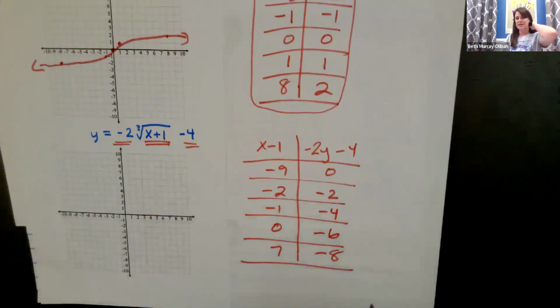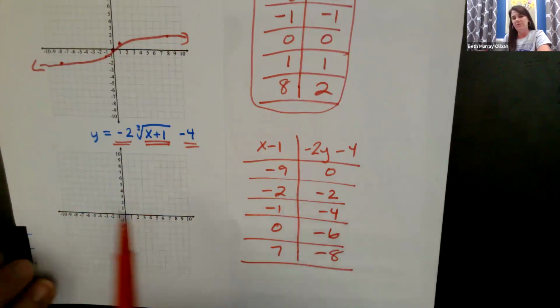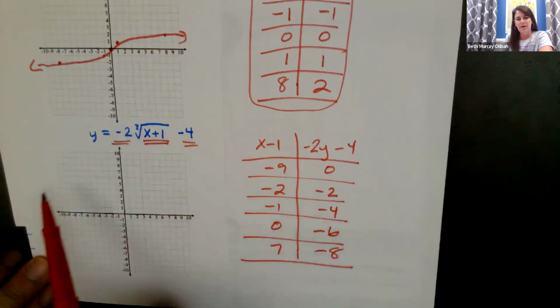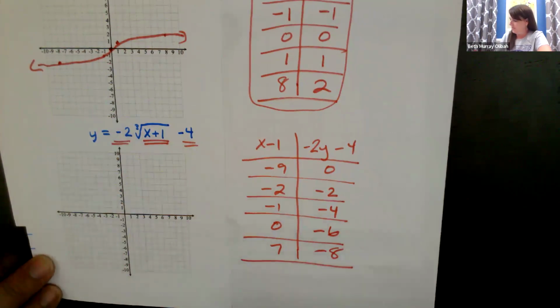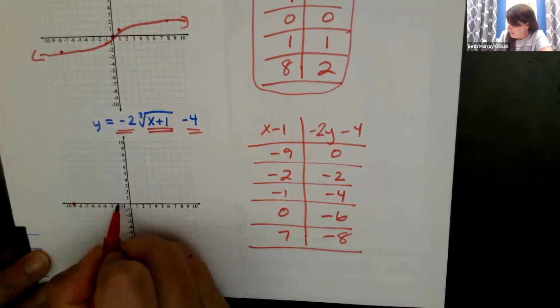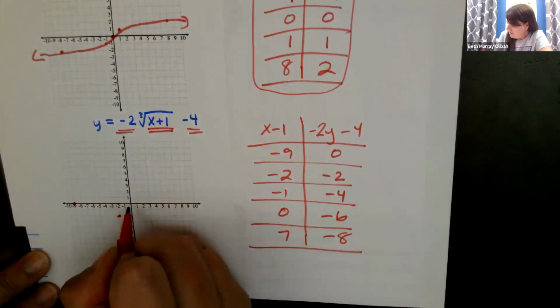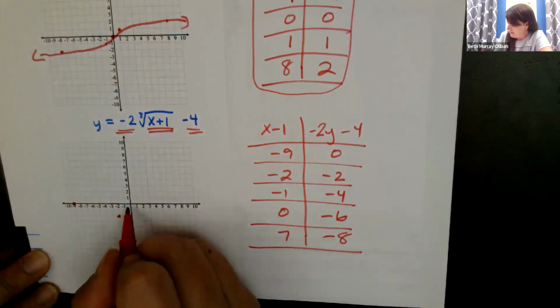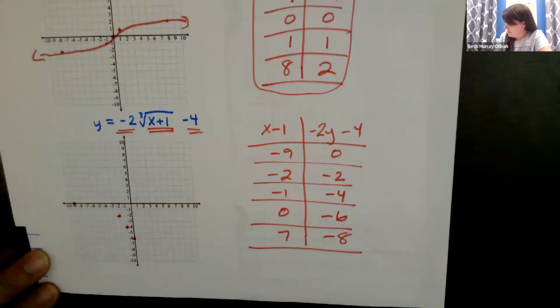So now I just graph these points, and hopefully it will look like a sideways S, but it should be flipped because of that negative out front. So instead of going this way, it should look backwards. So let's see. -9, 0. -2, -2. -1, -4. 0, -6.